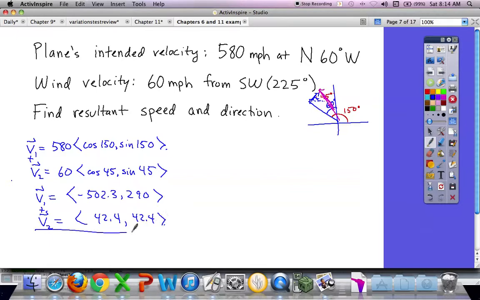Okay. When you add those up, the sum, V1 plus V2, which is the resultant vector, should just be the sum of those components. So I'll say negative 502.3 plus 42.4, negative 459.9.